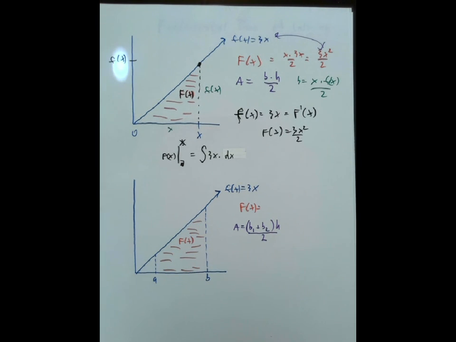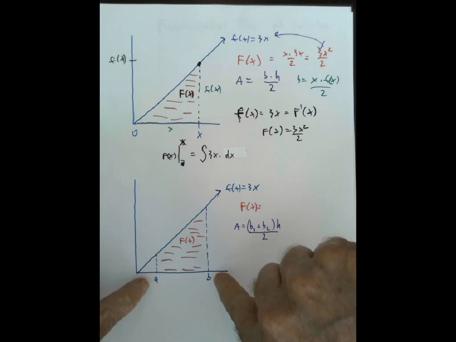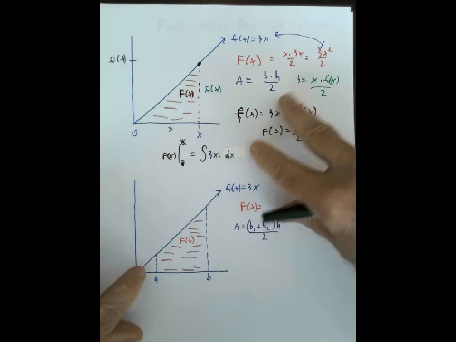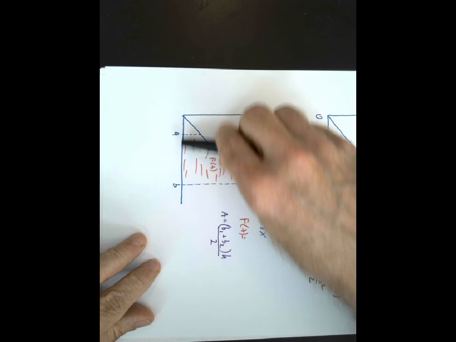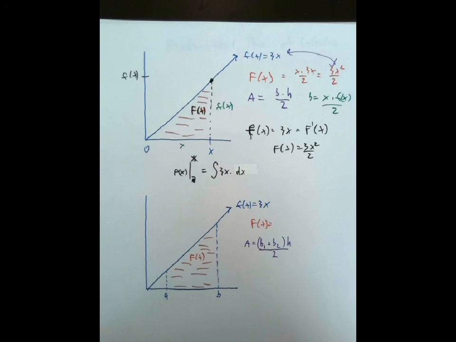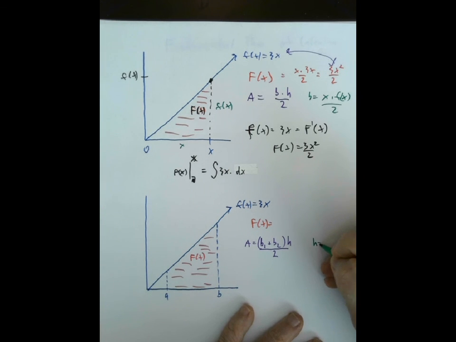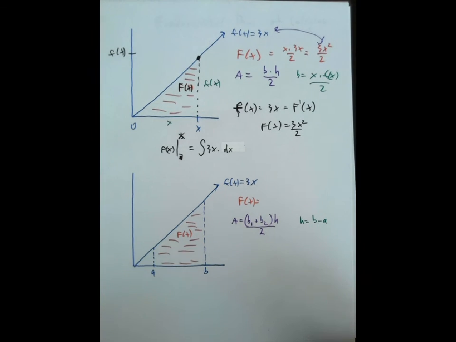First off, maybe you can see that the height of our trapezoid, I'll put it over here in green, would be equal to whatever b is minus whatever a is. It would be b minus a. We could call that delta x, but let's just call it b minus a for right now.